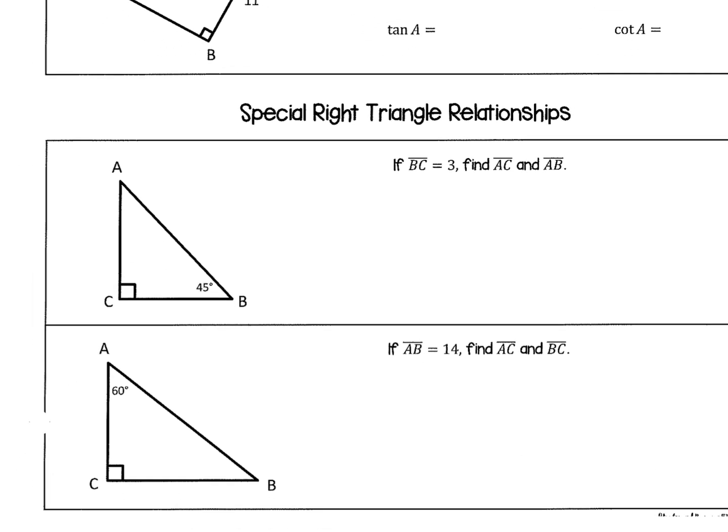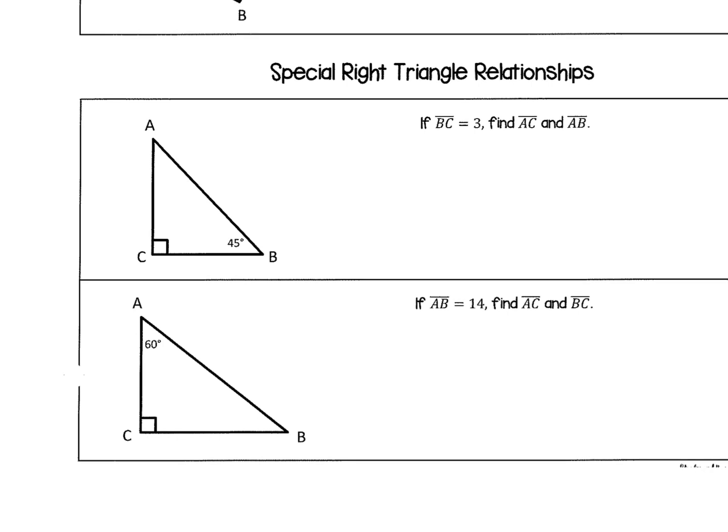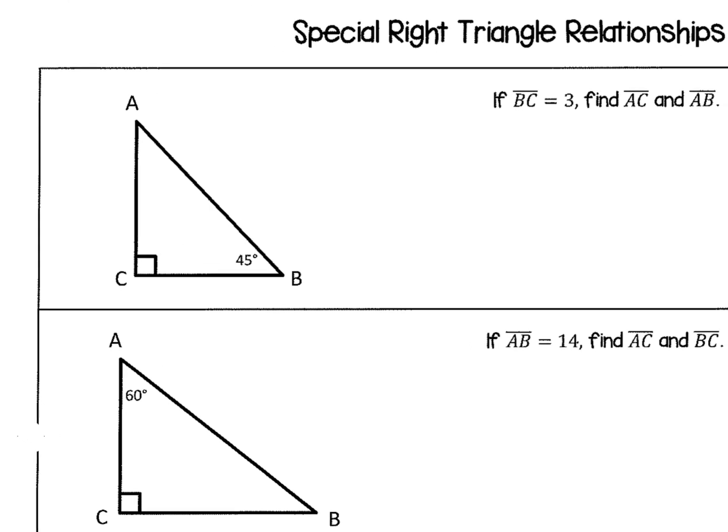I just want to refresh your memory. Somebody earlier was talking about the 45-45-90 and the 30-60-90 triangles and all of that business. They are related here, right? So if we see that this is a 45-degree angle, we know this is also 45 degrees, and we're dealing with that for the lengths of our sides. If we are told that BC is equal to 3, that means the length of this side is 3.